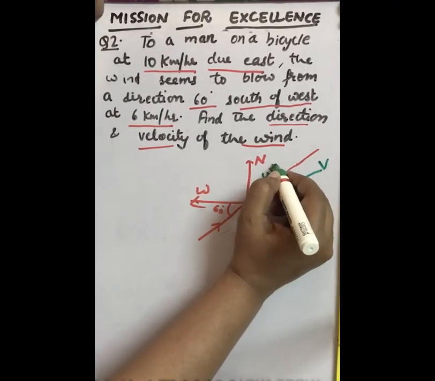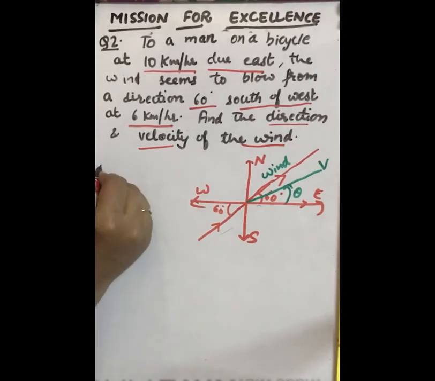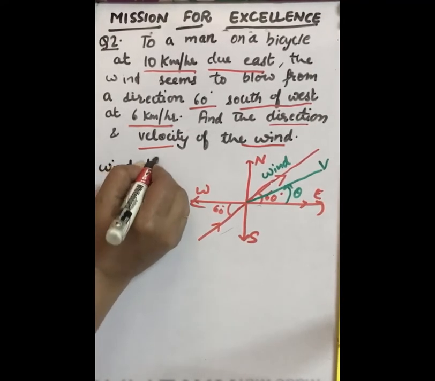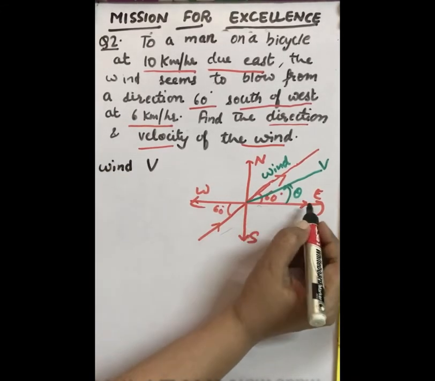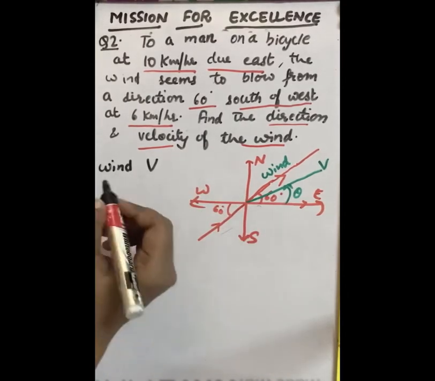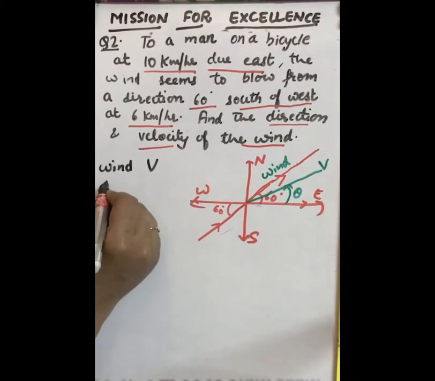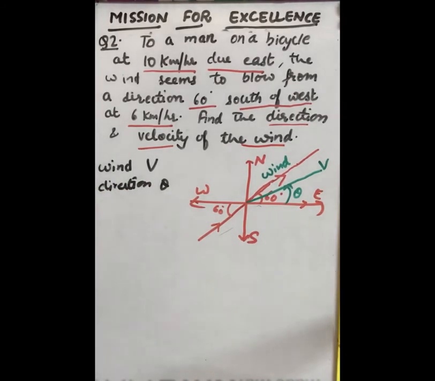It seems here. So let us write here, the wind moves with the velocity v with the direction theta, with angle theta with the east, or you can say with the direction of the motion of bicycle or man. So its direction is theta.